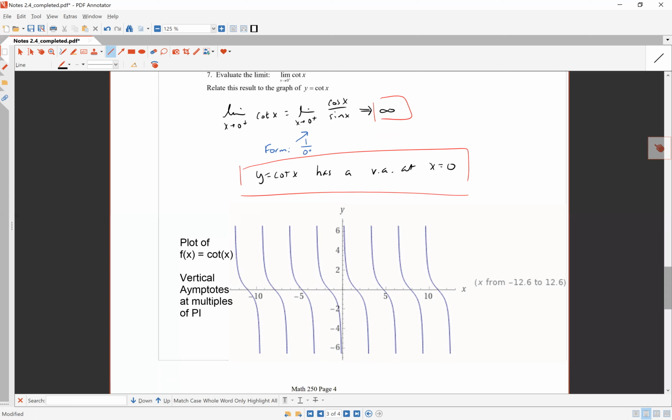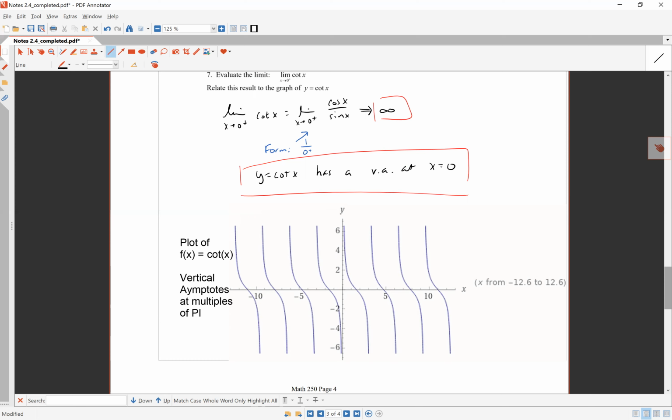But for x close to 0 and negative, remember sine is the second coordinate on the unit circle. So you're rotating clockwise, x is a very small negative number, and the sine function is negative. So it's 1 divided by a very small negative number.